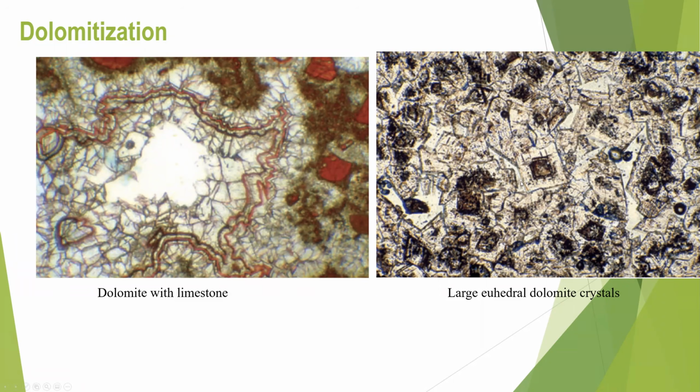But here we have crystals of dolomite, euhedral dolomite or lumps of dolomite. We have porosity, and actually most dolomite reservoirs look like this. We have large crystals of dolomite, and also intercrystalline porosity.